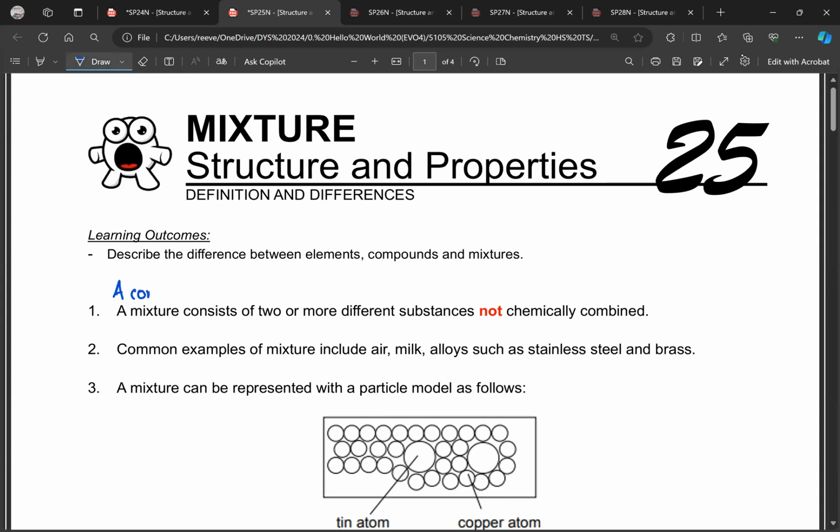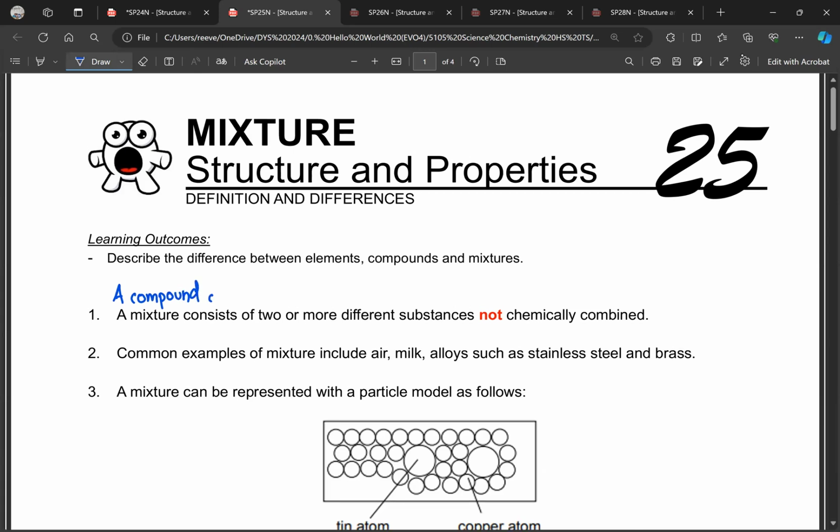A compound consists of 2 or more different elements chemically combined. You don't believe me, just refer back to the previous note.